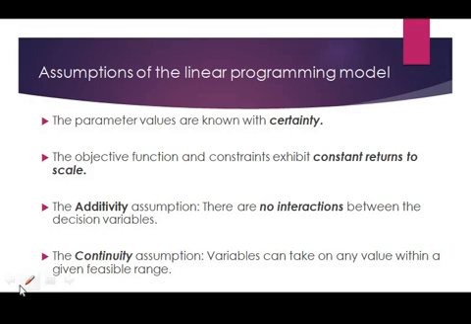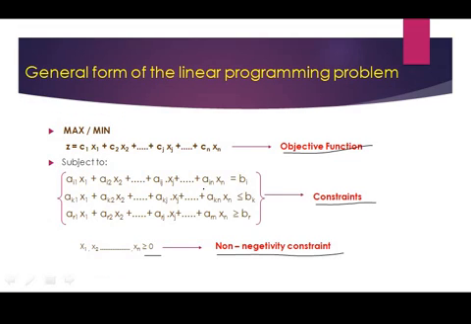When I say additivity, see here, have a look at the constraints. Each constraint is a sum of all the decision variables. All the decision variables are added together to form one constraint. But one constraint has no interaction with the other.